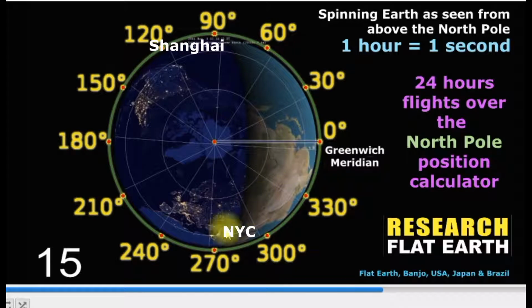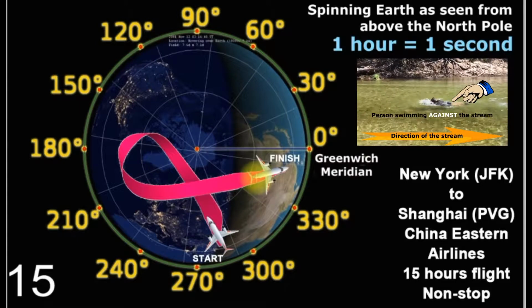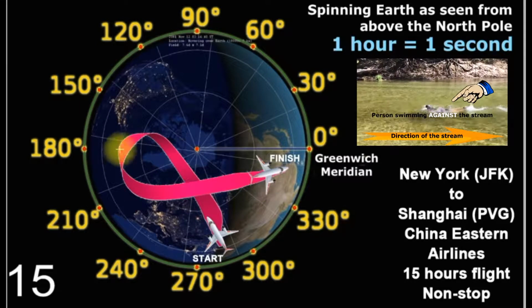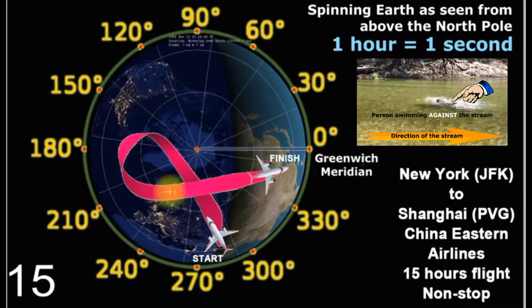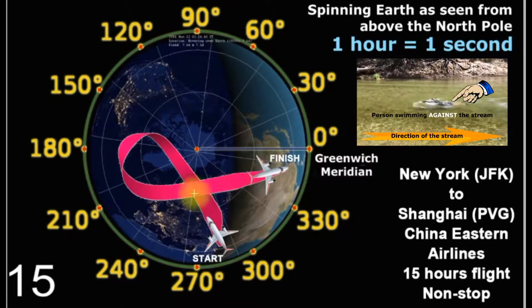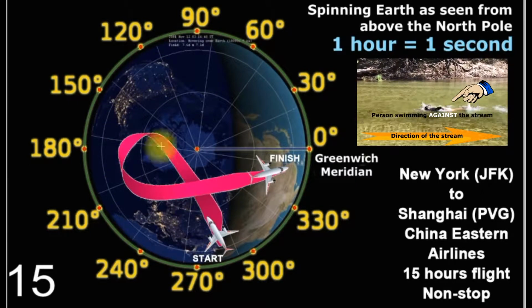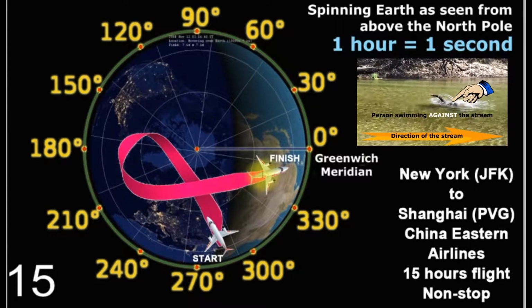So let's look at this flight route. This is the flight route. All of them go like this because the plane was going in this direction, but the Earth was rotating this way. So it makes no sense. This is what's going on right now. The plane starts chasing.